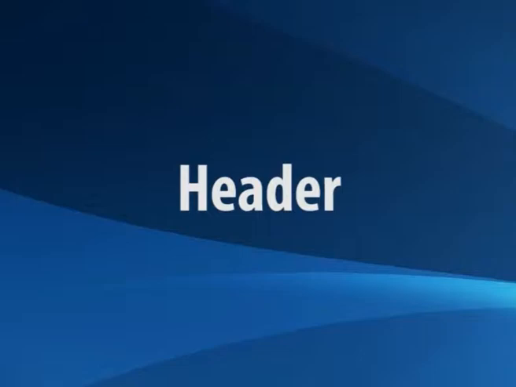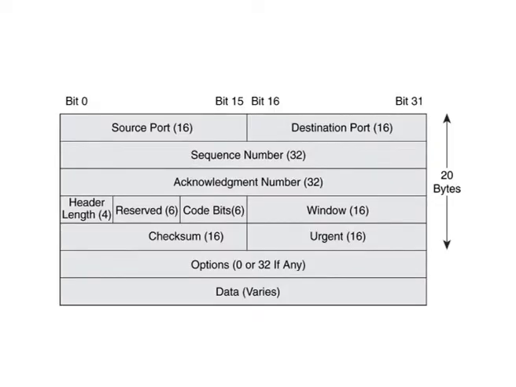Header. The length of the TCP header is minimum 20 bytes and maximum 60 bytes. Source port, 16 bits. It identifies the source port of the application process on the sending device. Destination port, 16 bits. It identifies the destination port of the application process on the receiving device.